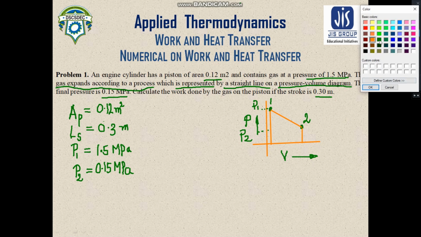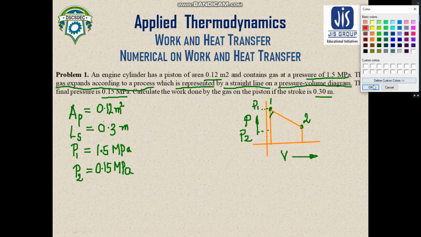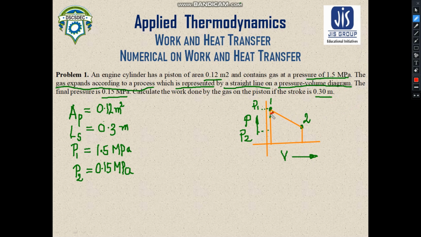The area under this curve will be the net work transfer, so we need to calculate this whole area.